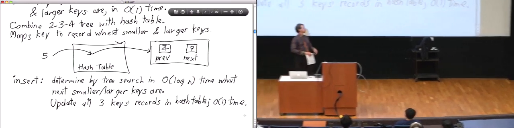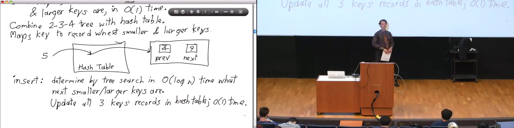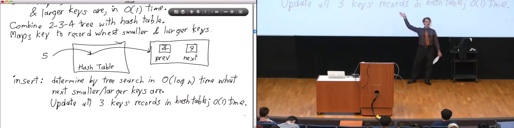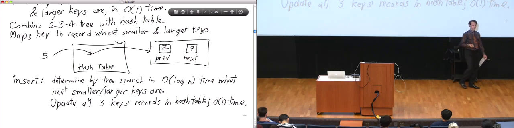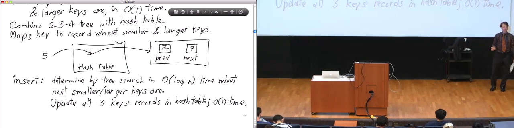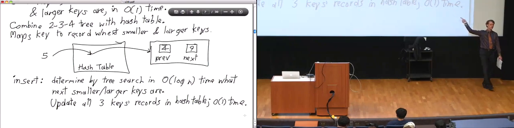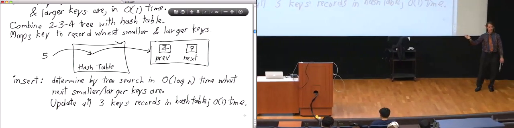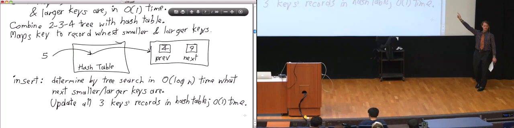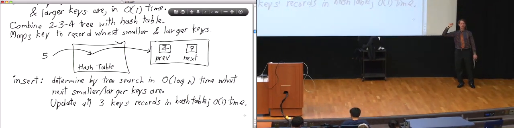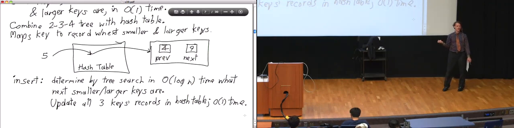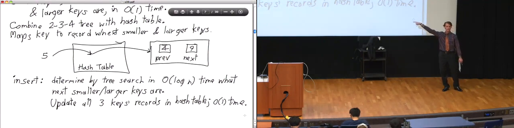Similarly, you need to update the delete operation, but that's even easier. When you remove 5, you need to remove 5 from the 2, 3, 4 tree, that takes log n time, and you need to remove it from the hash table, that takes constant time, and you need to update 4's record in the hash table and 9's record in the hash table so that they don't think that 5 is their neighbor anymore, so that they know that 4's neighbor is 9 and 9's neighbor is 4.